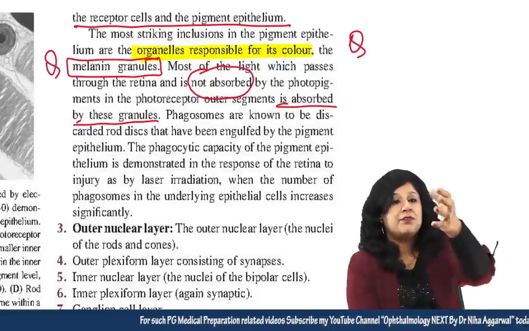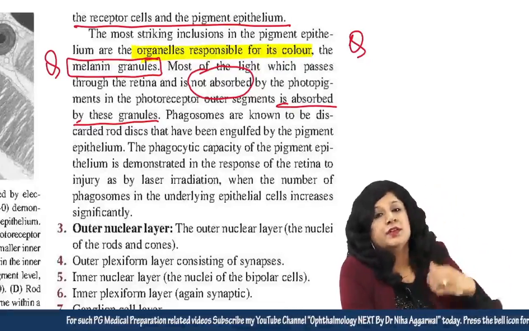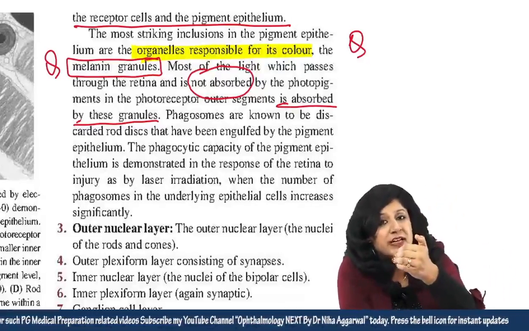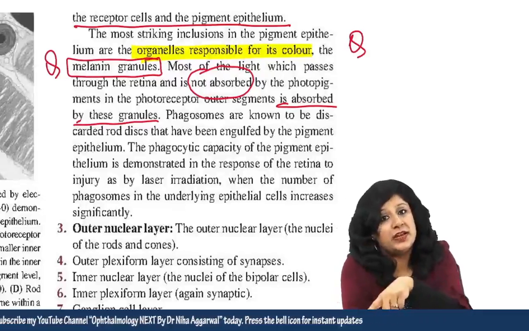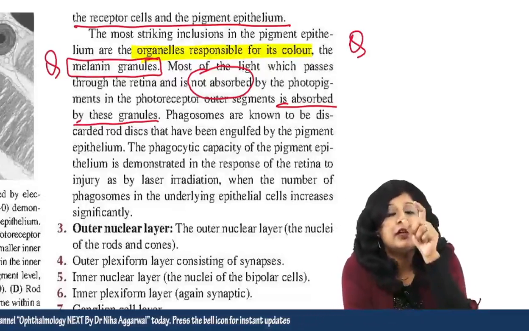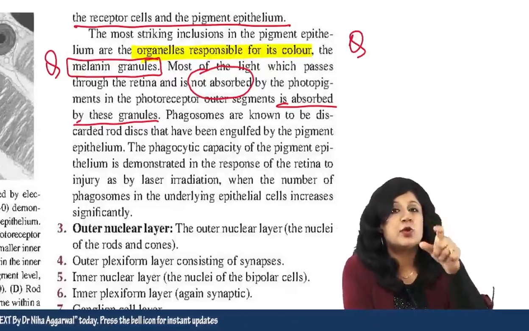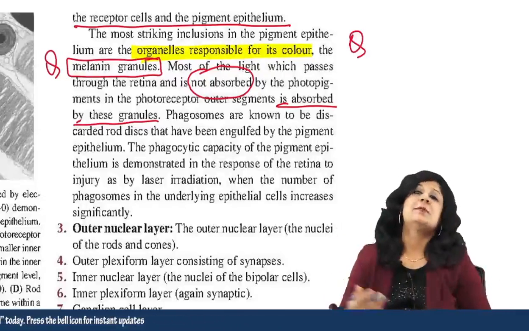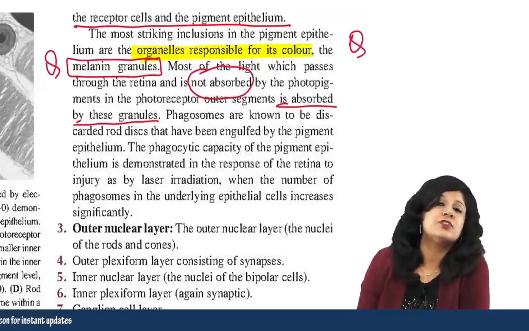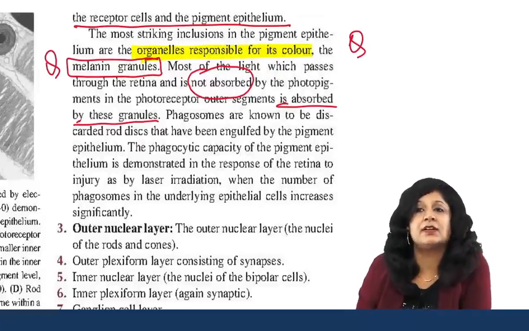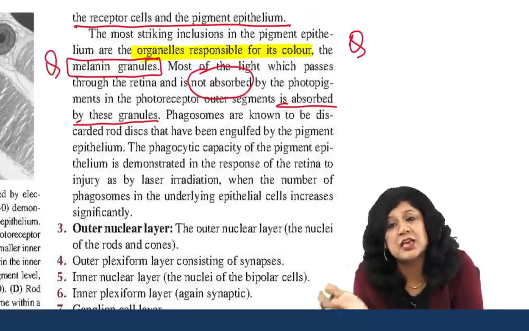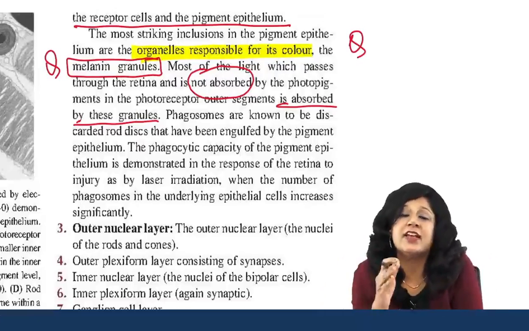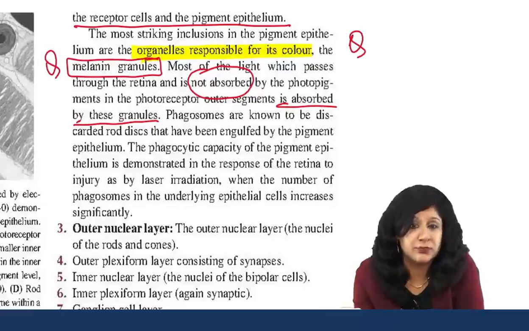So when the light is coming, it first goes to the neurosensory retina, then to the rods and cones, and then to the retinal pigment epithelium. Even that light which is not absorbed by the photoreceptors will be absorbed by these melanin granules present in the pigment epithelium. I think this is important, and that is why they have kept the RPE after that, because otherwise the light would not have reached the photoreceptors.